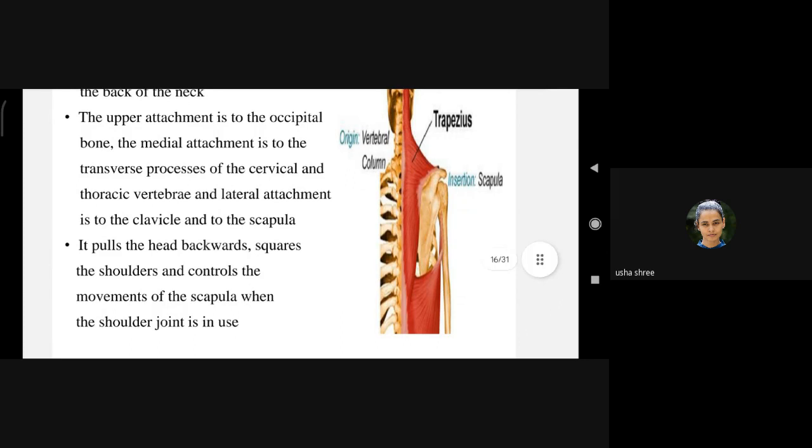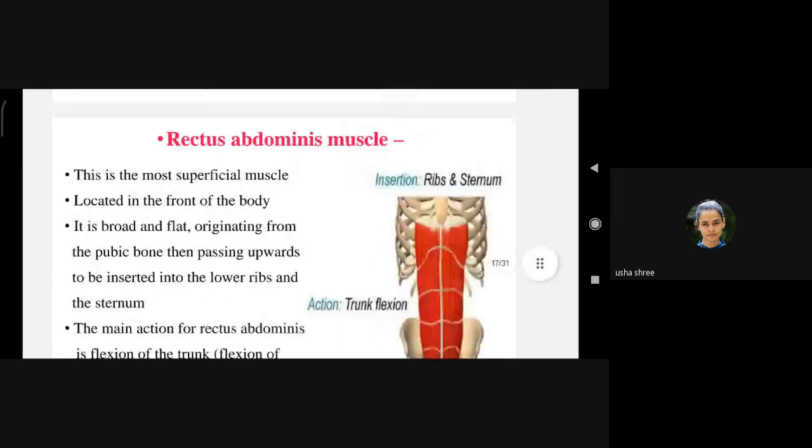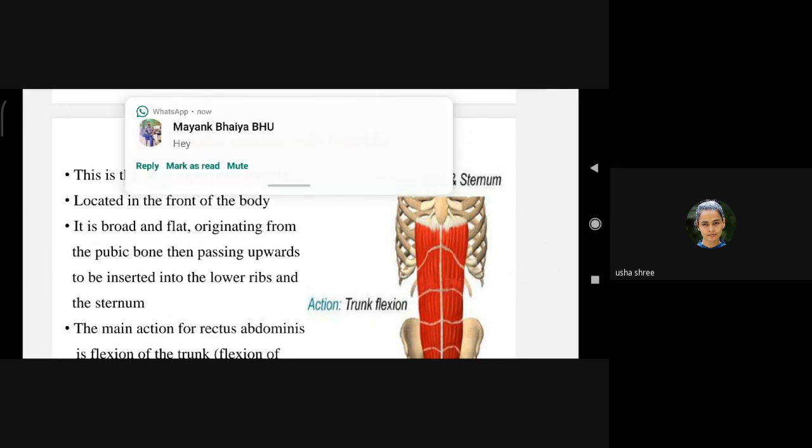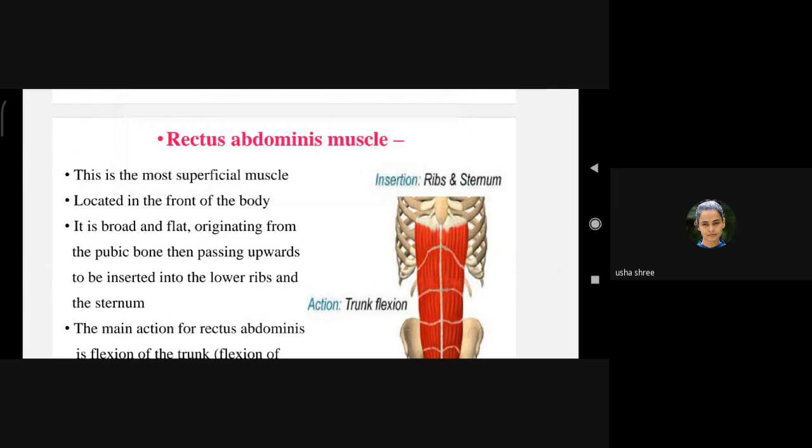Now, the next one is the rectus abdominis muscle. Here also it is named after its shape. Its shape is just like a rectangle. That is why it is known as the rectus abdominis muscle.